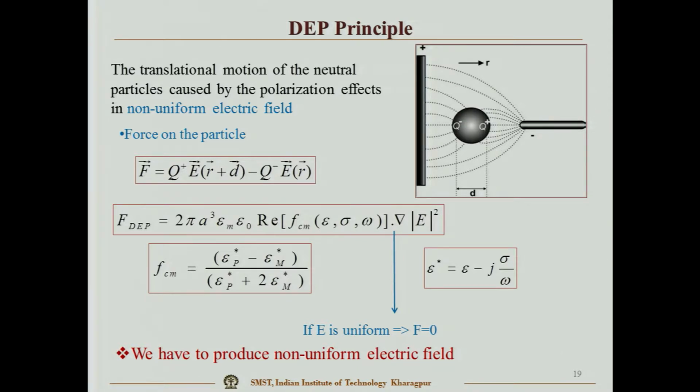Epsilon m is the dielectric constant of the media, and epsilon 0, then the real part of this factor and delta E square; these terms are very, very important. This is the total force acting on the particle due to the dielectric phenomena. Now, here A is the radius of the particle.